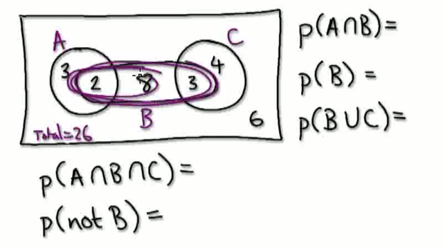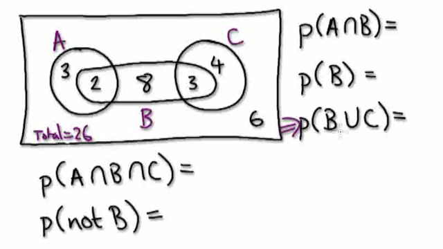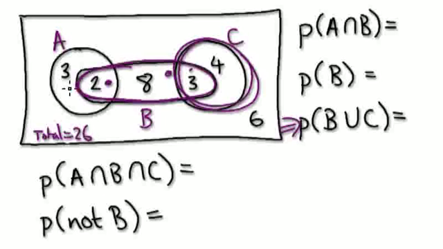Let's merge these two here. 2 and 8 would be 10, so it would be 13 over 26. Now the probability of B or C. If you're here, it's good because it's B or C. B or C would be the union of the two, so it would be all these here.